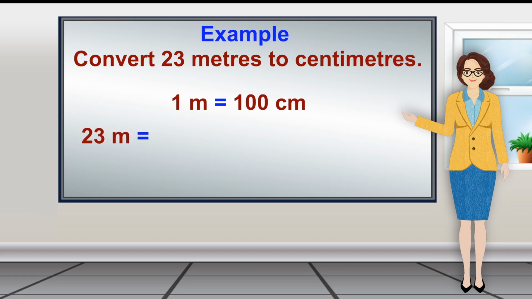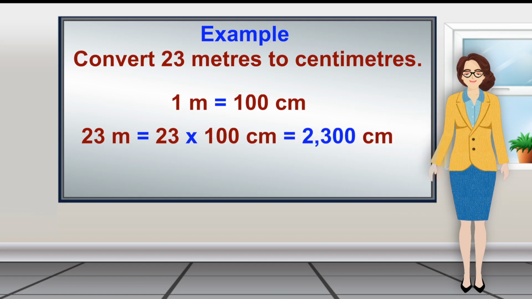So, 23 meters is equal to 23 multiplied by 100 centimeters is equal to 2300 centimeters. Thus, 23 meters is equal to 2300 centimeters.